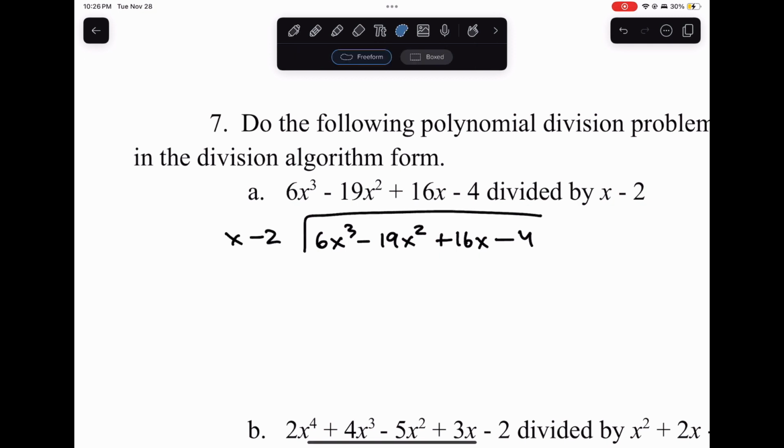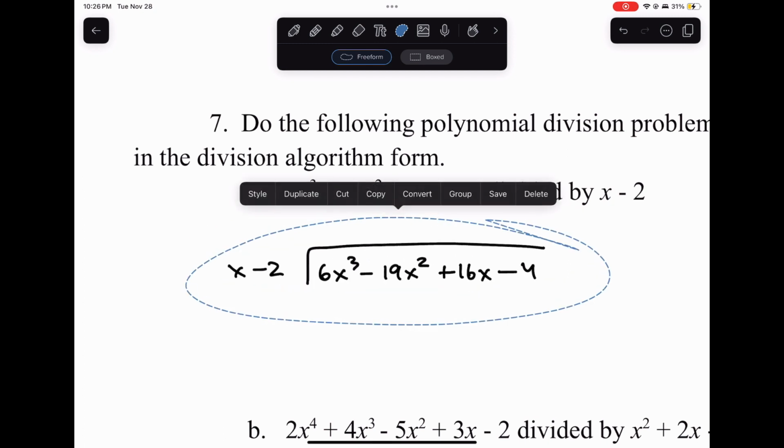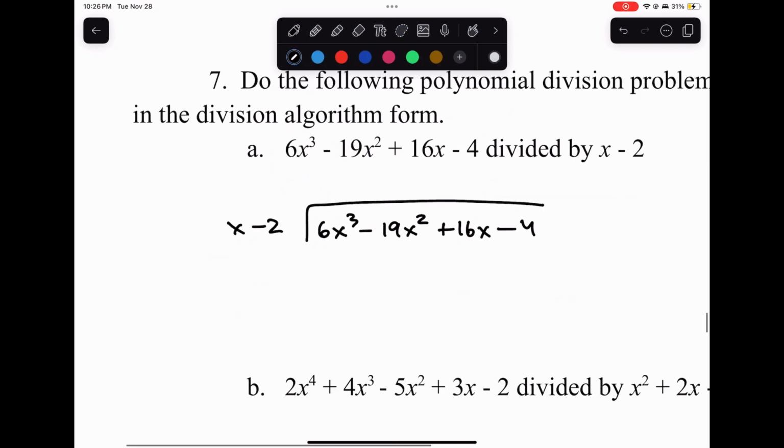We're going to divide this polynomial here by x minus 2. Let's get dividing. So let's multiply 6x squared by x minus 2 to get 6x cubed.